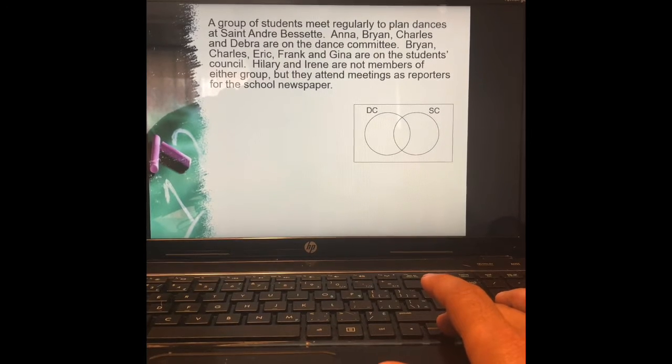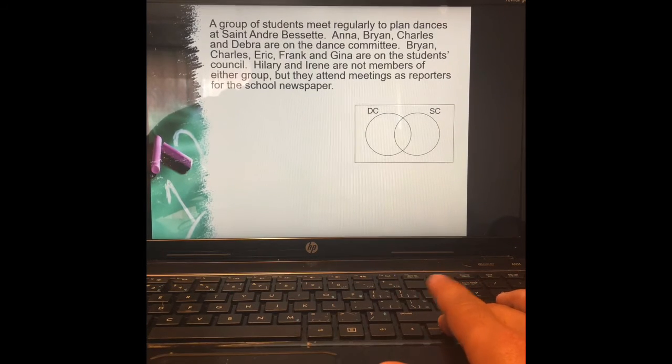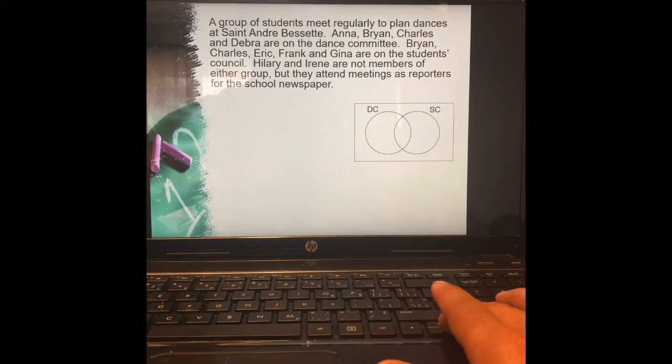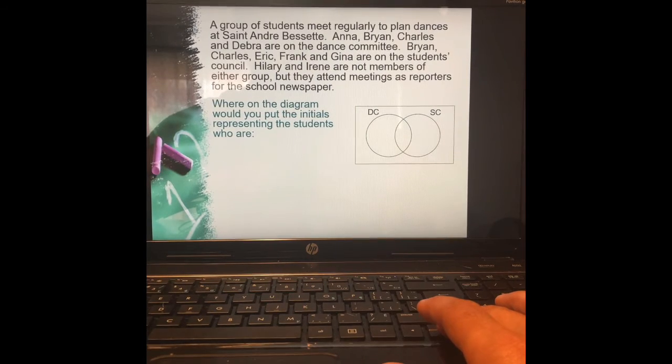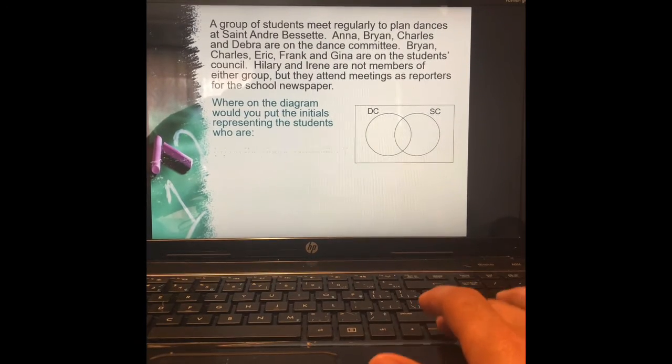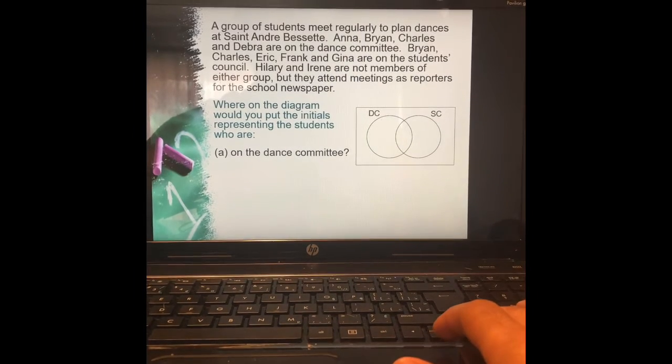When you're filling in a Venn diagram, always fill in from the middle. The first thing you'd want to do is figure out who's in the dance committee and student council and fill those people in first. Where on the diagram would you put the initials representing the students who are on the dance committee? You'd put them into the circle with DC.